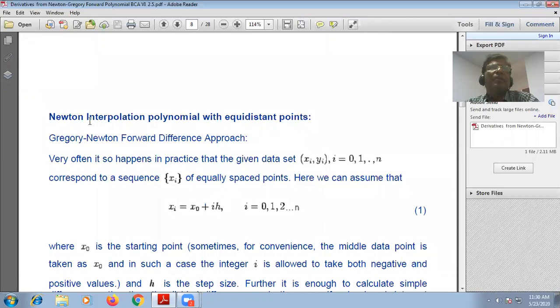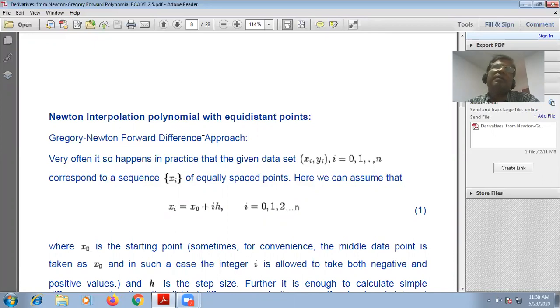This is the Newton interpolation polynomial with equidistant points, and this is the Gregory-Newton forward difference approach also.